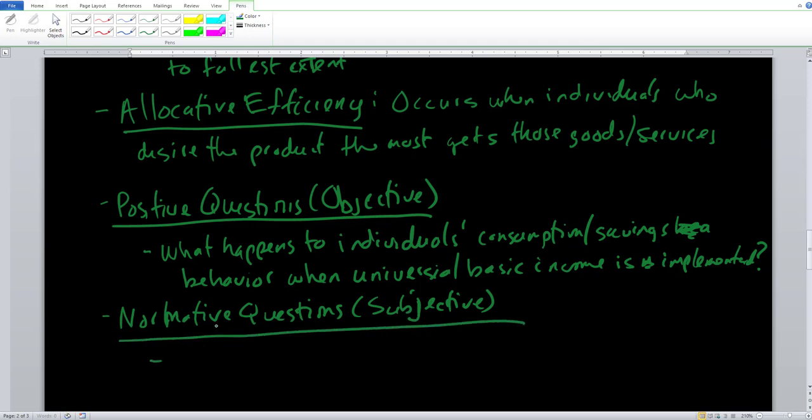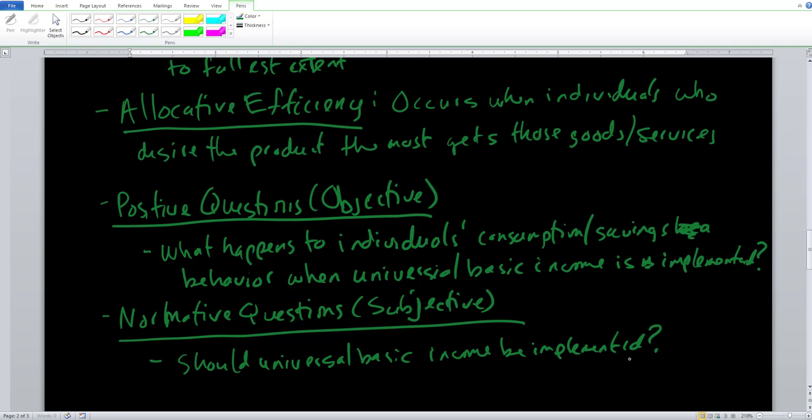So we can transform this positive question into a normative question by asking, should universal basic income be implemented? And once again, there is really no right answer, there is really no wrong answer with these normative questions. It has to deal with your own beliefs, your own sentiments.